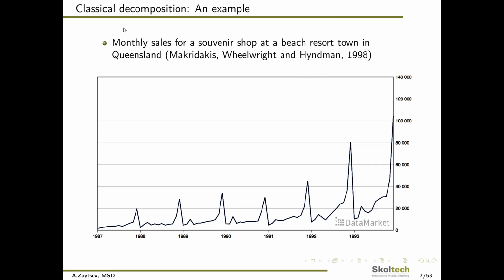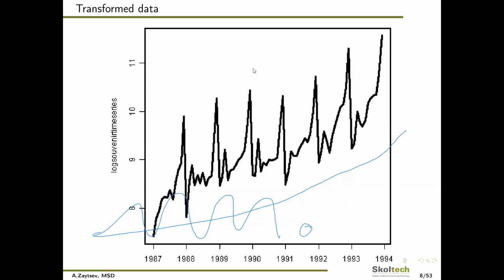We have some trend here maybe, and also maybe some seasonality. Each December, near the Christmas season, we observe a peak in sales of souvenirs because a lot of people are visiting this small town in Queensland. We can try to use these simple observations to provide a model.